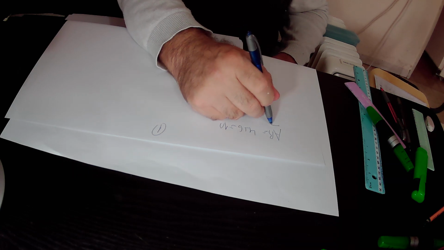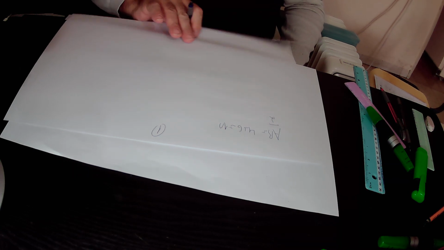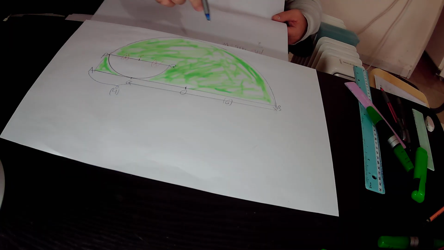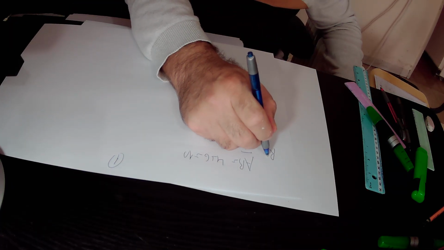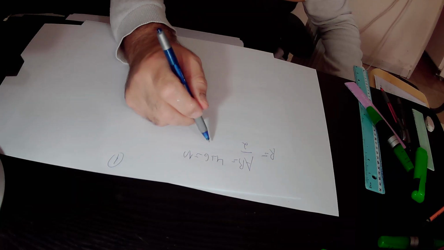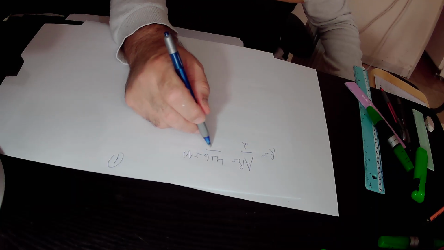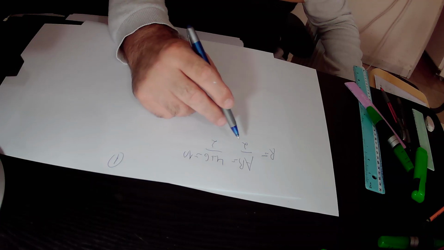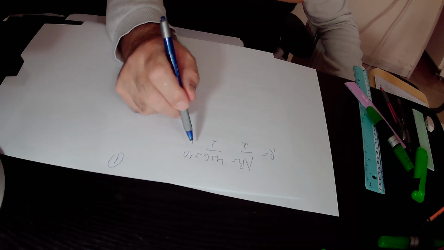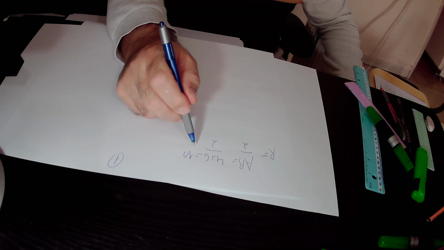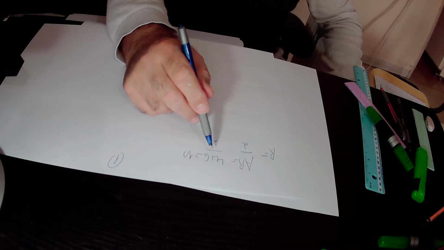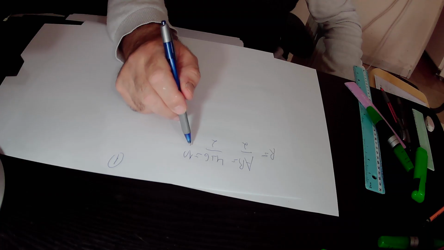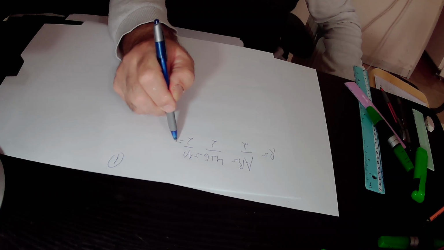The diameter over 2 is the radius of this big semicircle. So we define the radius of this big semicircle as capital R. So capital R equals the diameter AB over 2. So it is 4 plus 6 over 2. The radius of the big semicircle equals the diameter AB, that is 10, over 2. 10 over 2 is 5.